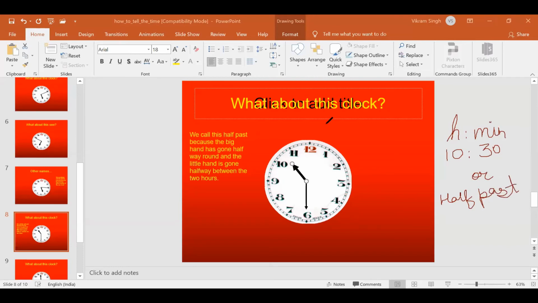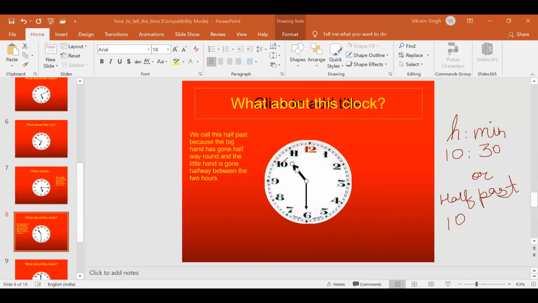How much half past? 10, because we are using 10 for hours. It is between 10 and 11. So we can write down the time in any of the ways, either 10:30 or half past 10. Clear, everyone? Now I will tell you one more time and after that your turn to answer me.